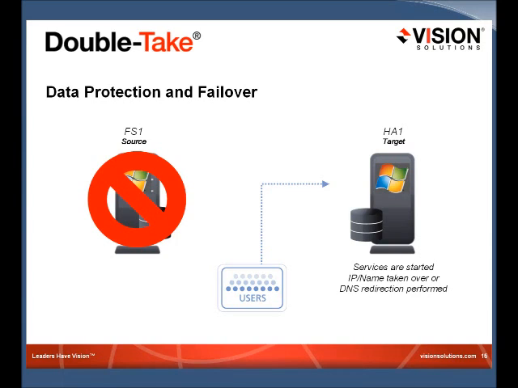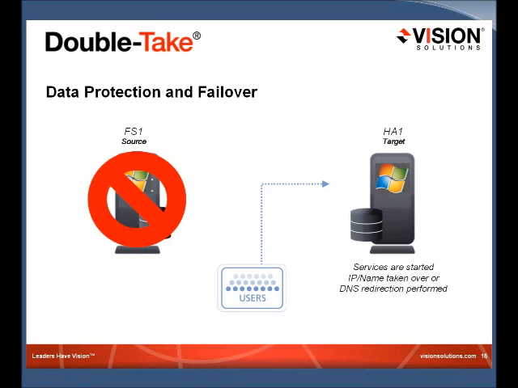The other failover type is through DNS redirection. With DNS redirection, part of the failover process has the target server updating the DNS server to modify the source server's records to now point to the target server's IP address instead. In that case, users are seamlessly redirected through the DNS subsystem.